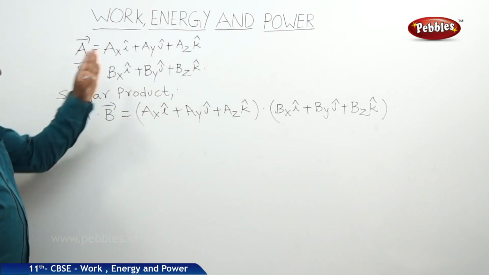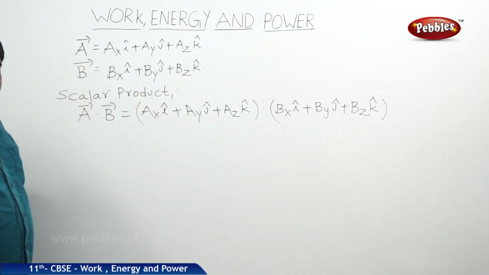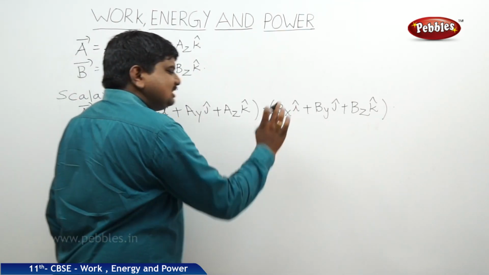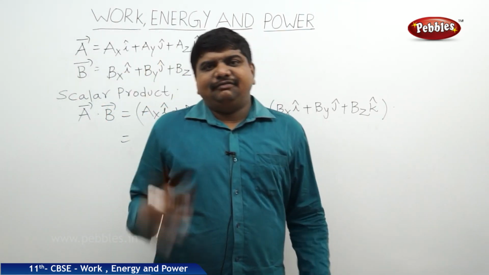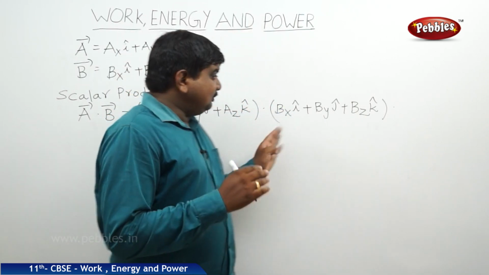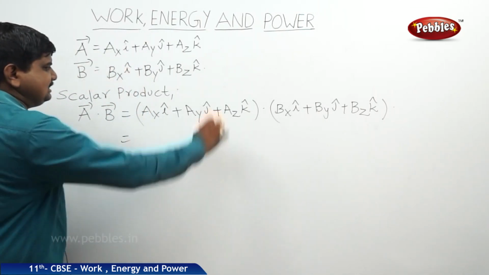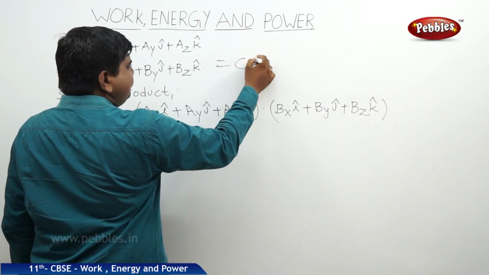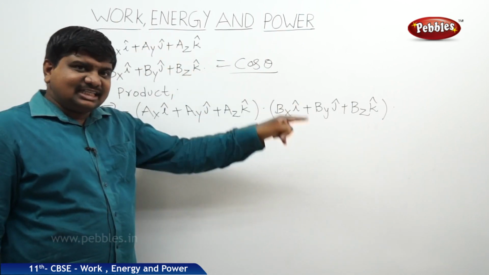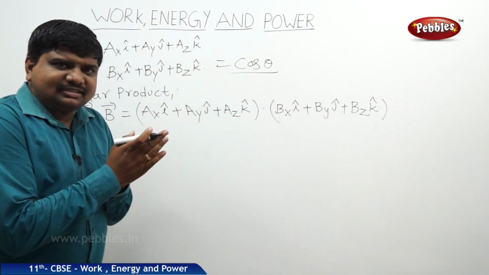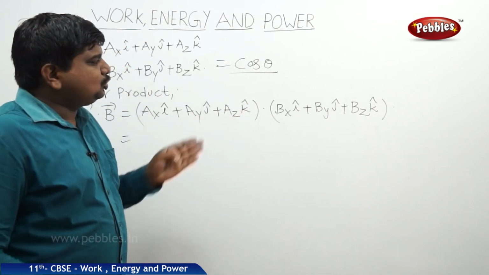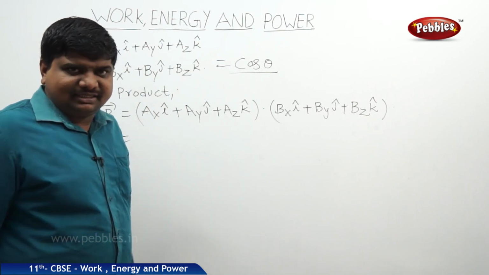The rule to be followed in the scalar product or dot product is the adjacent angles product is maximum. If any two vectors are perpendicular to each other, the product is 0, because the angle between the vectors is cos theta, where cos is maximum when two vectors are parallel to each other, but cos is 0 or minimum when two vectors are separated by 90 degrees.